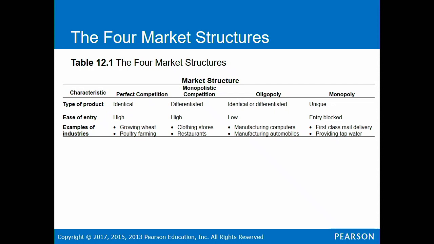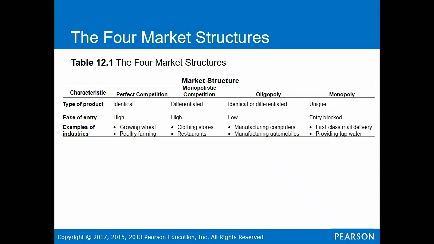Some are made especially for gaming, some for programming. All these different types of attributes, so you can shop and find exactly what you need, instead of having everyone be exactly the same. An example of that is restaurants or clothing stores. So you can see a lot of differences between the products being offered from all these different firms in those markets.